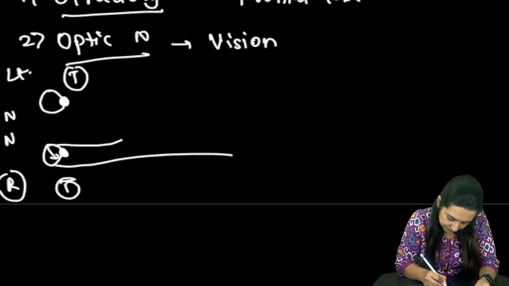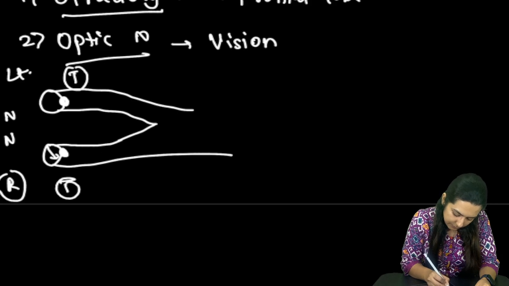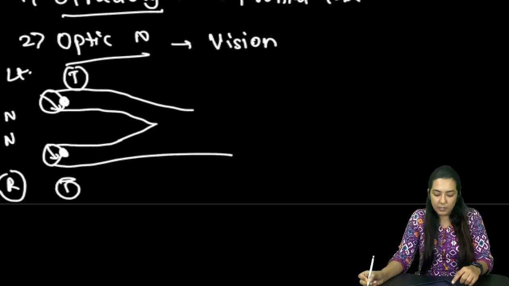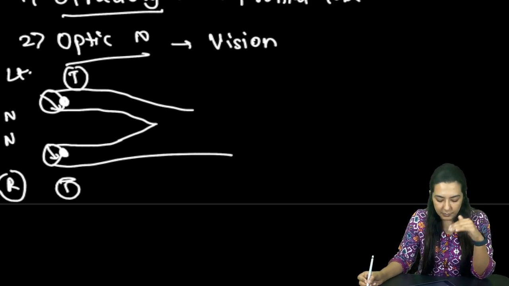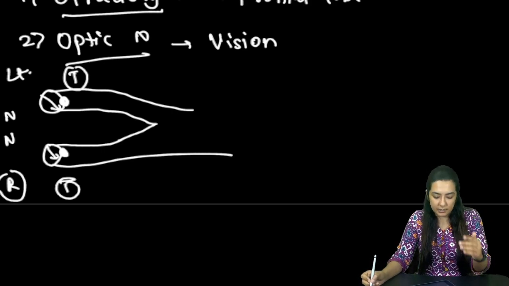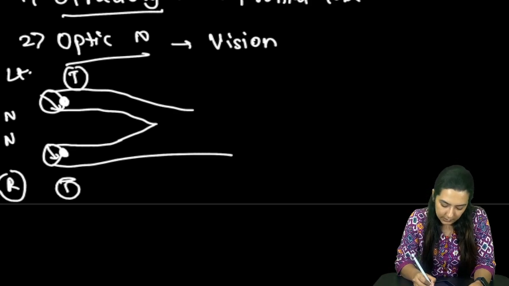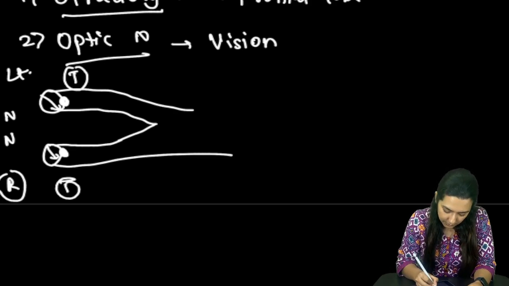Okay, so the temporal visual field is reflected on the nasal fiber, and the nasal visual field is reflected on the temporal fiber. So it is an opposite carrying of the visual field.